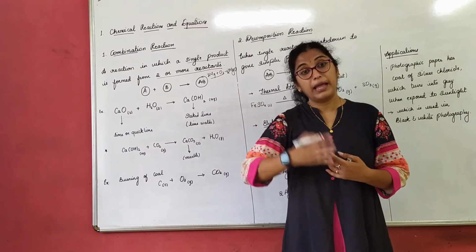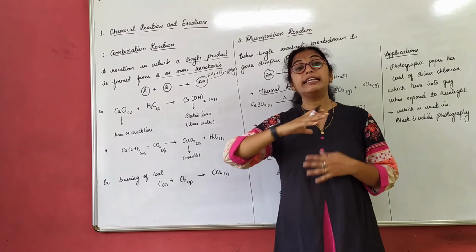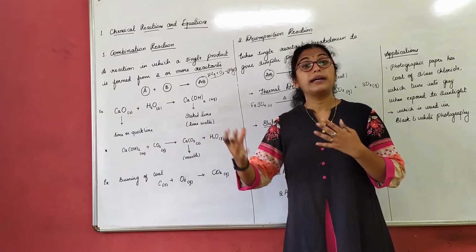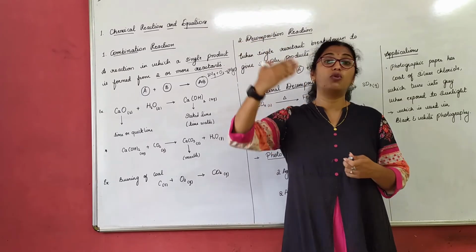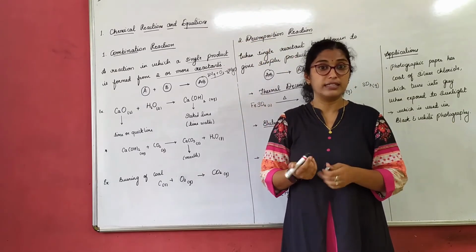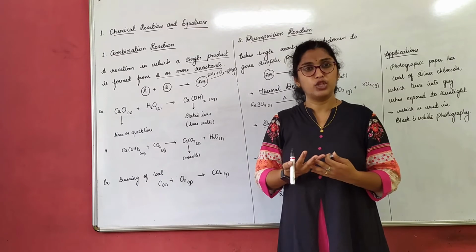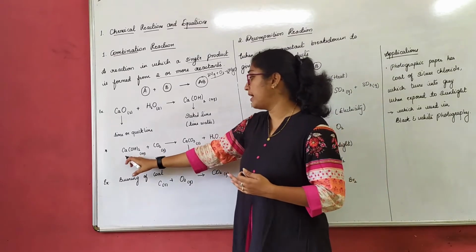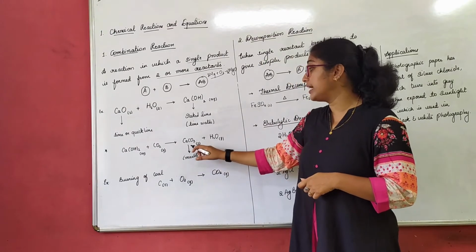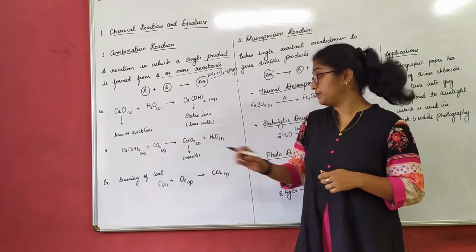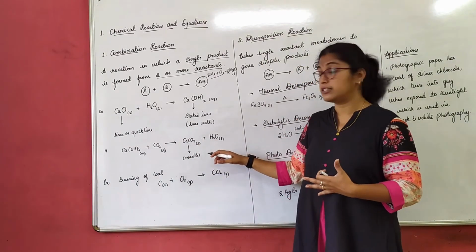Now once you apply that whitewash and leave it for 2 or 3 days, by the action of carbon dioxide on it, it gives a shiny coating layer on the walls. This is a natural phenomenon which will happen. So this calcium hydroxide, when it reacts with carbon dioxide gas, we get calcium carbonate, plus water is released.